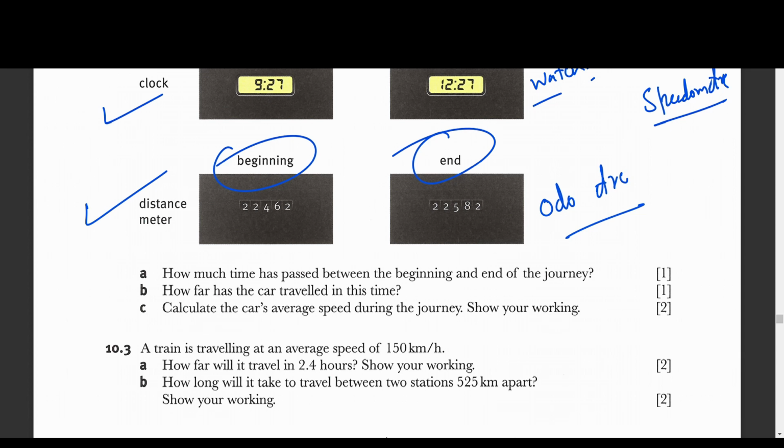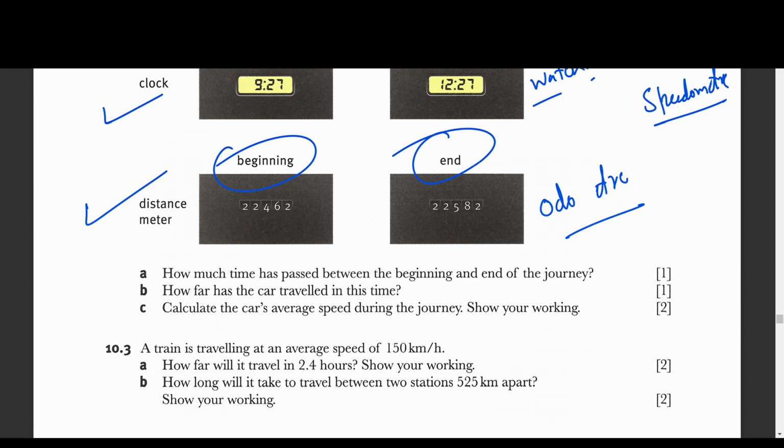So that's a really easy question. 9:27 to 10:27 is 1 hour. 10:27 to 11:27 is 2 hours. 11:27 to 12:27 is 3 hours. So it's simply 3 hours.